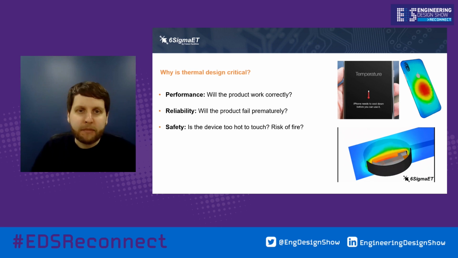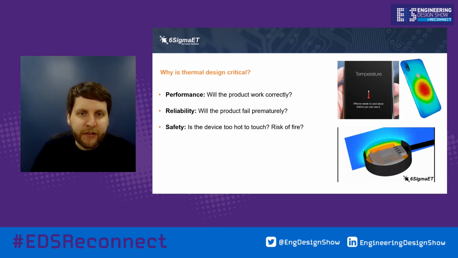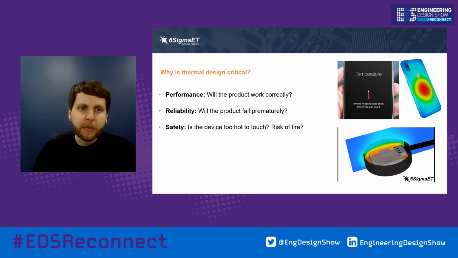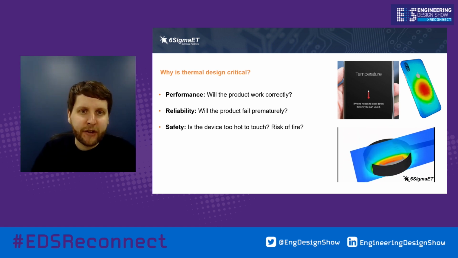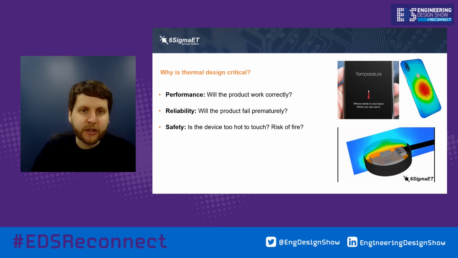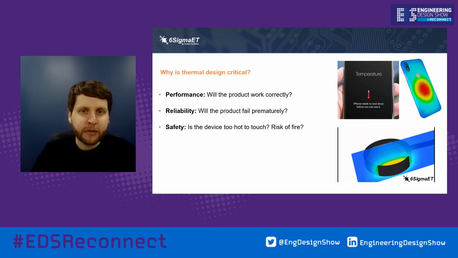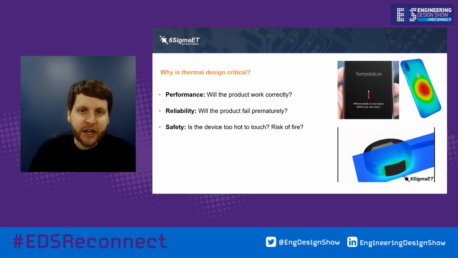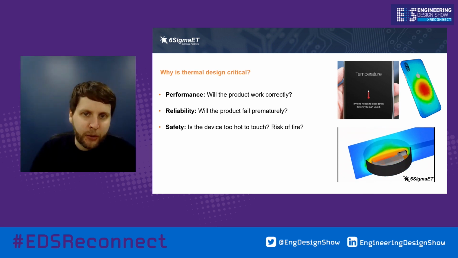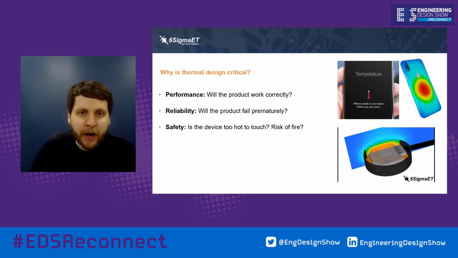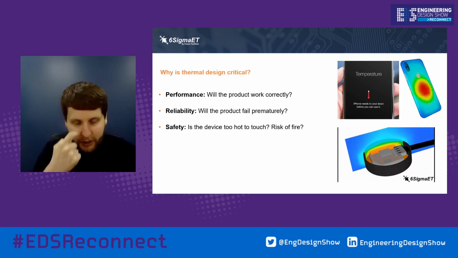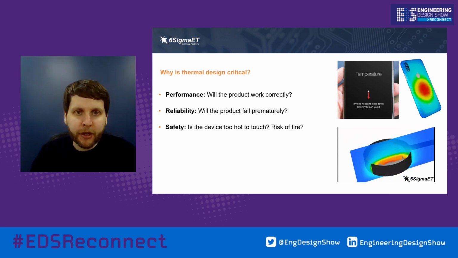The device may work fine in year one, but if it's running too hot, then it may fail prematurely. And also safety is really important as well. We don't want particularly consumer electronic devices to be too hot to touch. And worst case scenario, if a device is too hot, it might cause a risk of fire. So it's really important to consider thermal design when designing electronic products for those three reasons.